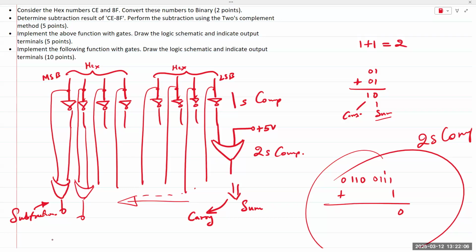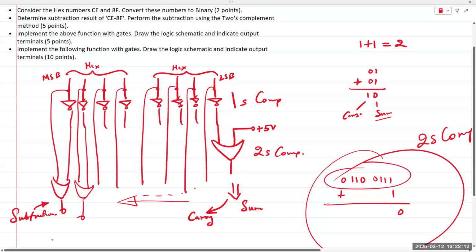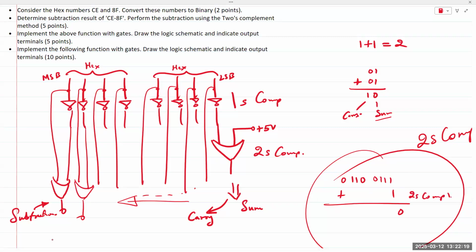So 1 plus 1, if you have this kind of hex number that is shown here, and you add 1 to obtain the 2's complement, you have a 0 here, then a 1 is carried over. 1 plus 1 will give you a 0 again, carried over 1 again, which is 0 and 1. So you get a 0, 0, 0, 0. Okay.